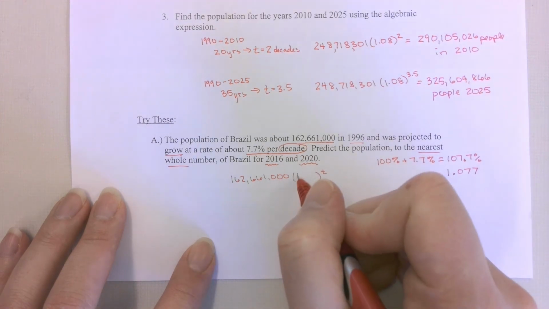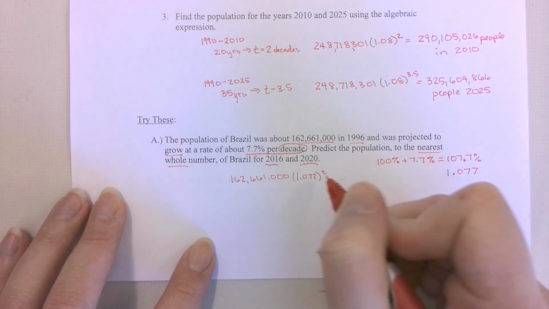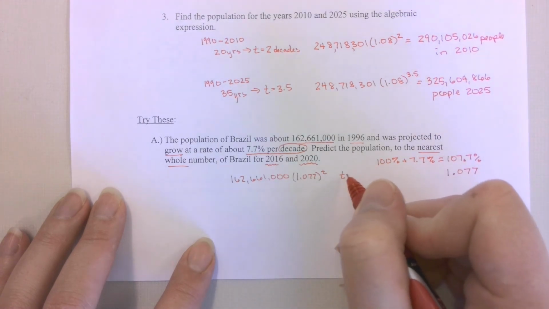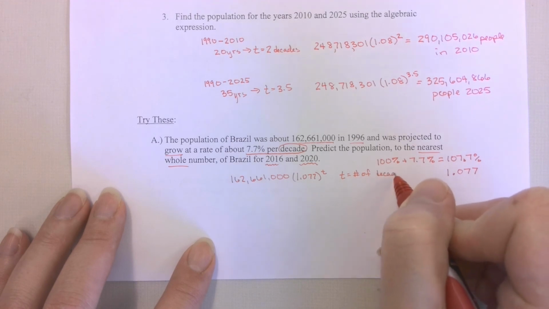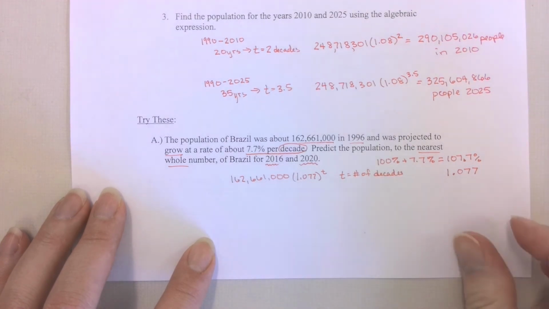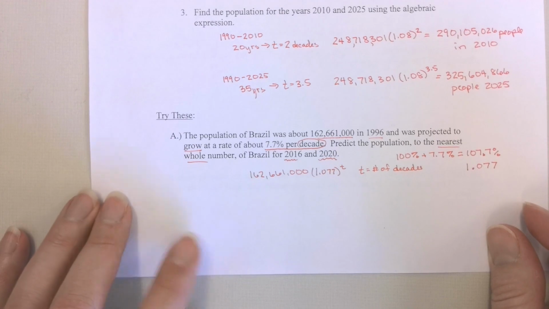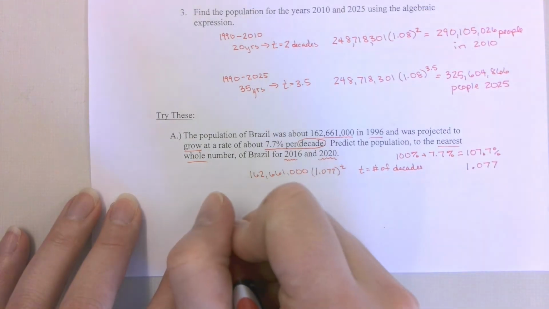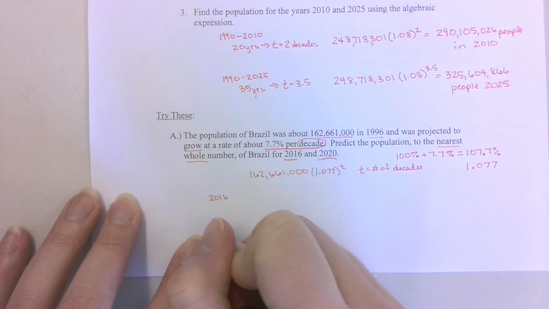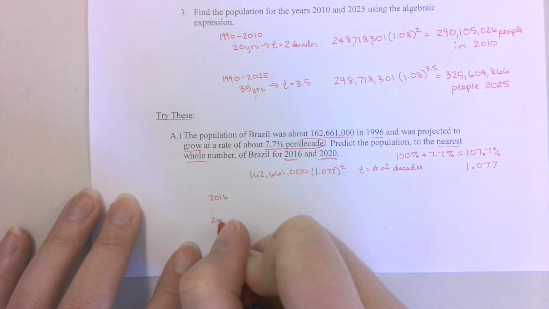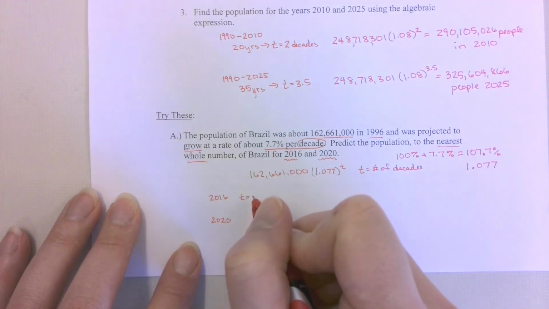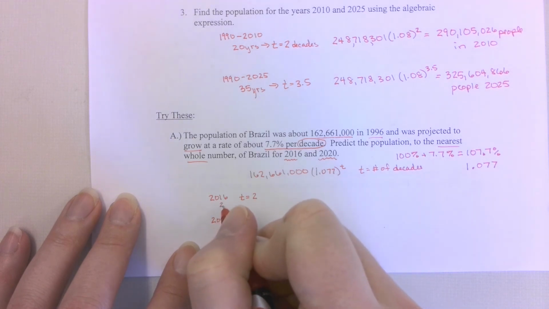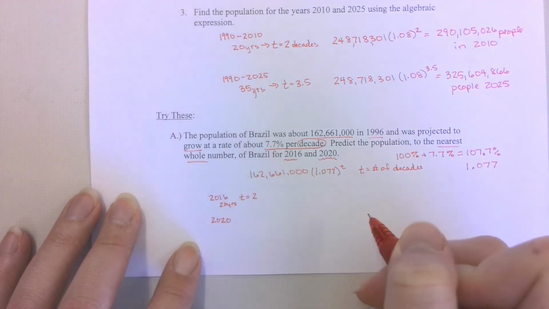So we'll put in our multiplier of 1.077 to the power of t, and again, t stands for the number of decades. So we want to be careful with our time that we are using it correctly. We want to do a prediction for the year 2016 and another prediction for the year 2020. In the year 2016, t is going to be 2 because that is 20 years, which is 2 decades.